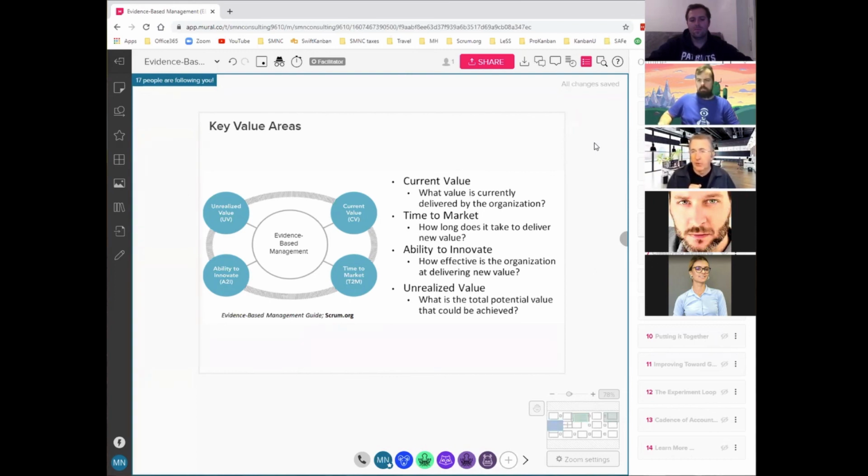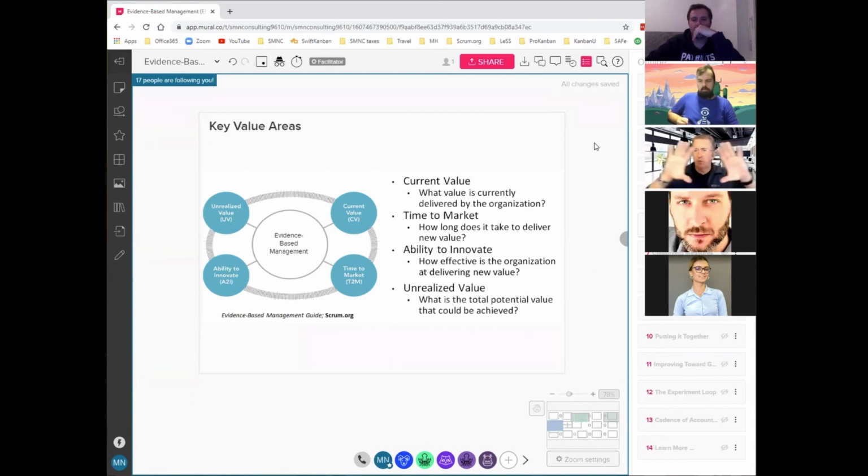And competitors have acquired some of our possible customers, darn it. Those potential customers that are now somebody else's customers are part of the unrealized value. And there may be potential customers that nobody has captured yet. Well, why not us? But we haven't yet. So that's the aspect of unrealized value.